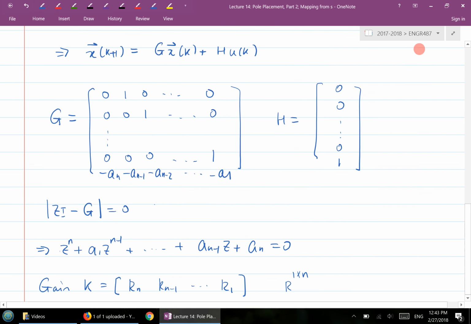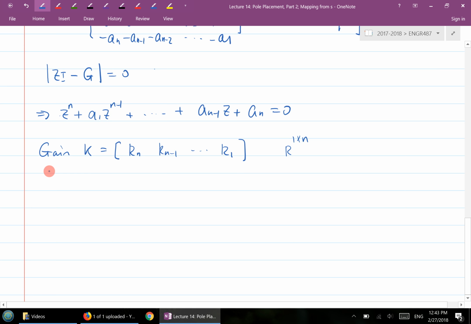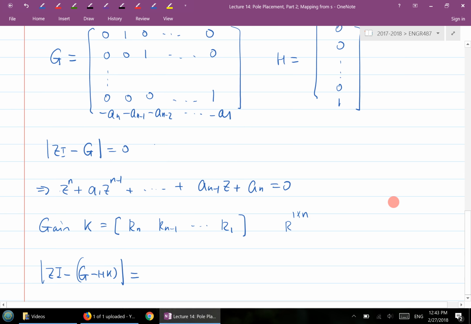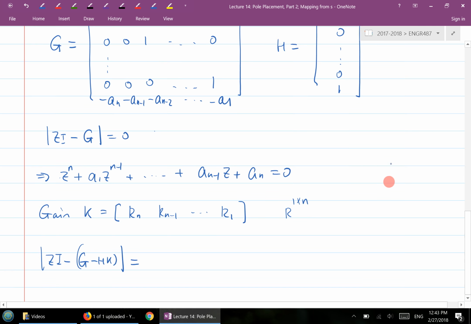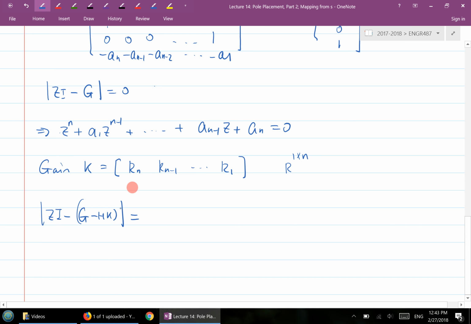So let's see what happens here. If we do zI minus G plus HK, this is the closed loop characteristic equation. Same thing: because of the nature of G, there are lots of zero elements, most of them off the diagonal here. You plug the capital K over here times H, and then calculate the determinant of this.